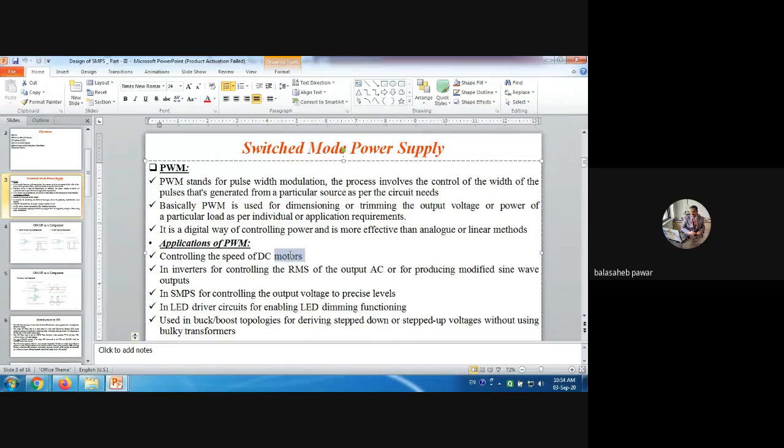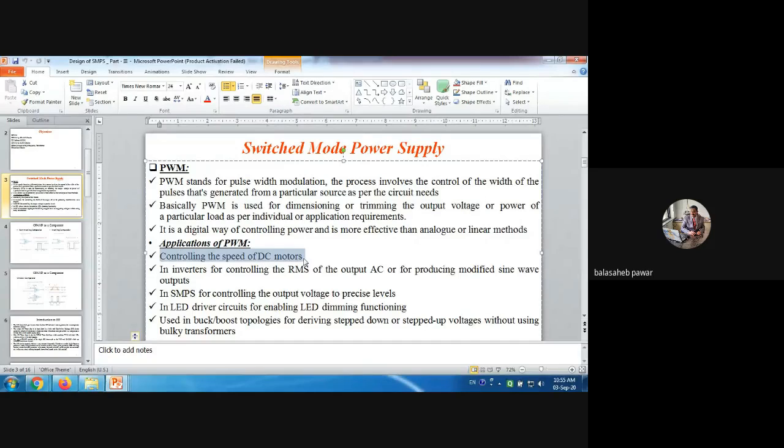Here I mentioned, what does it mean? See how we can control the speed of a DC motor. Just come back to our basic working principle of the DC to DC converter. Whatever discussion we did, whenever we are turning on that switch, we obtain the output same as that of the input. So the duty cycle controls the output voltage, right? If that load is a DC motor, correct?